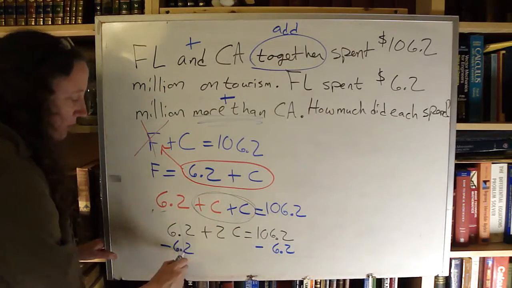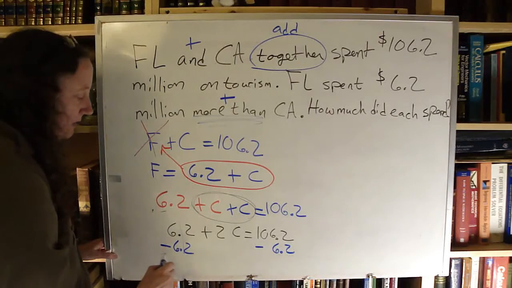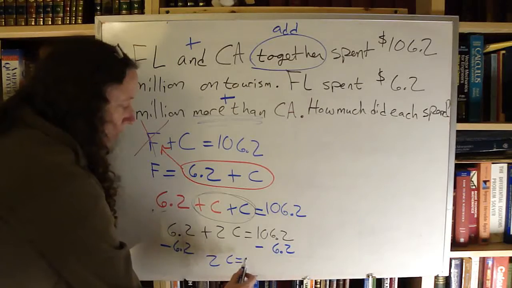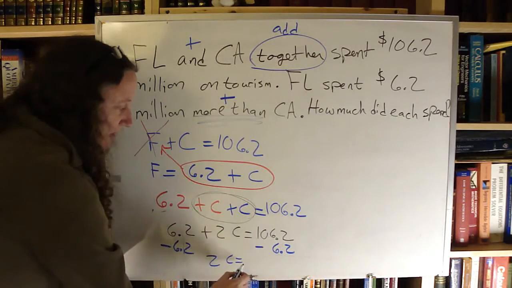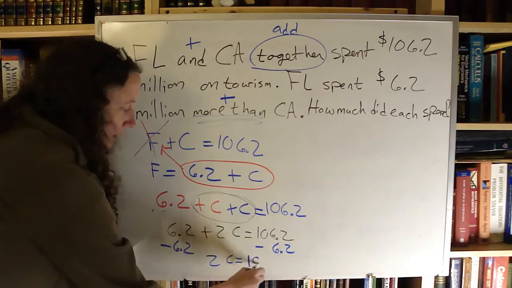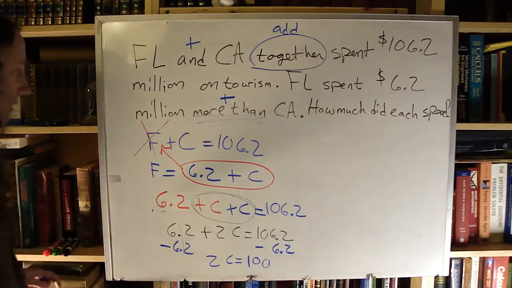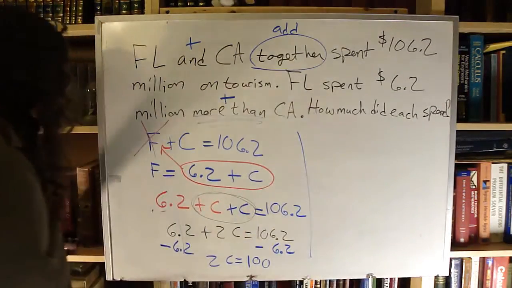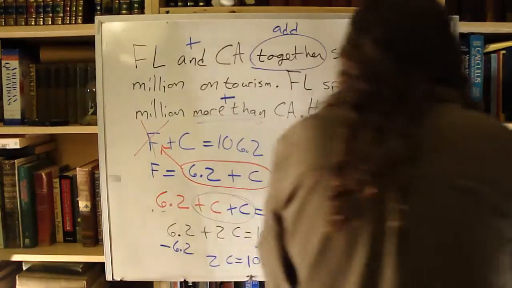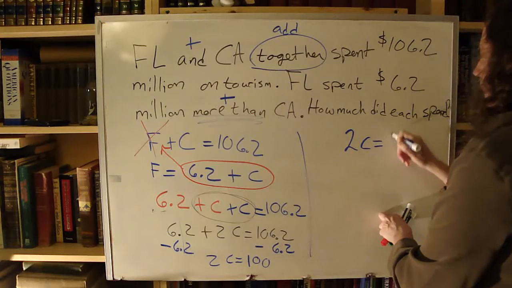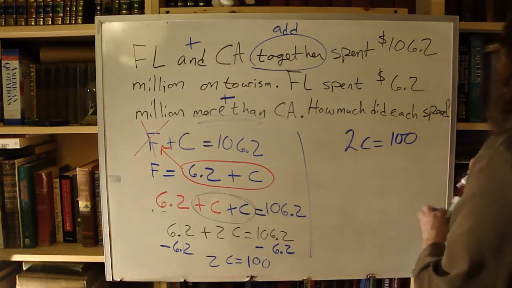So 6.2 minus 6.2 cancels out, and I have 2C equals, do that subtraction there, and I get 100. I'm going to carry that up over to there. 2C equals 100.